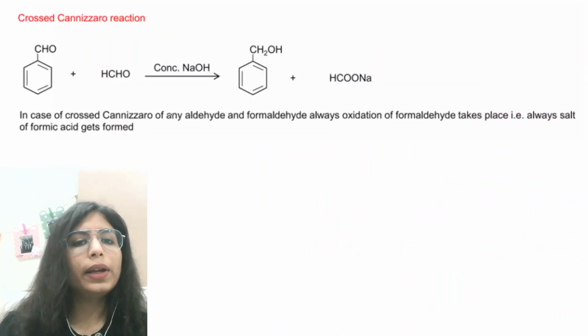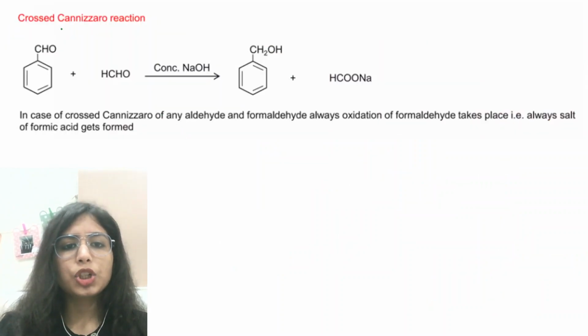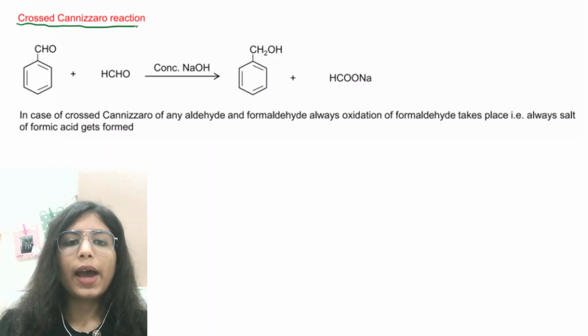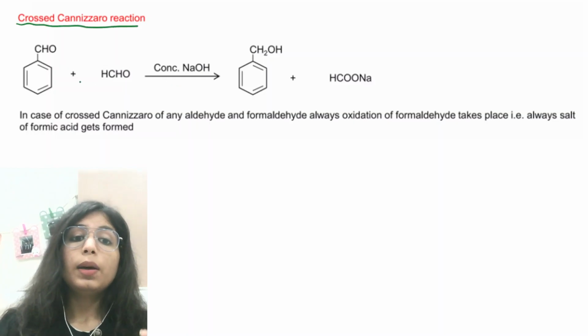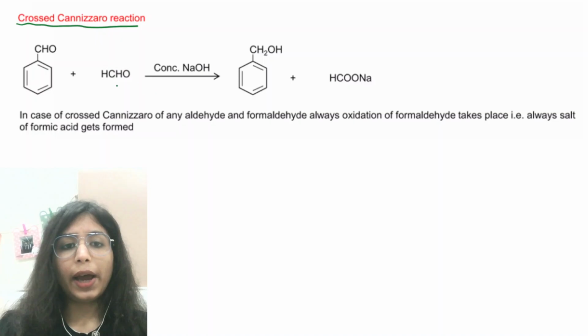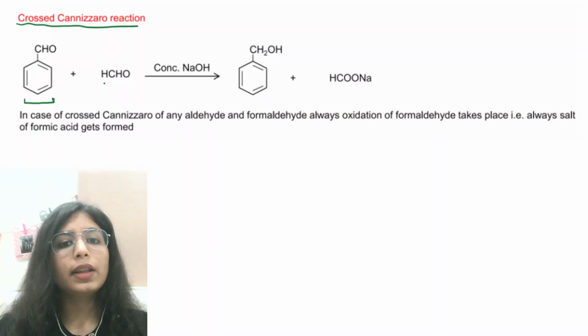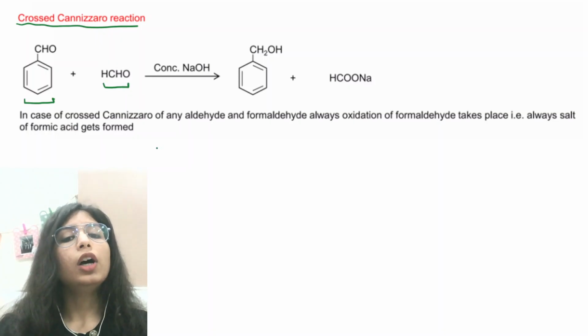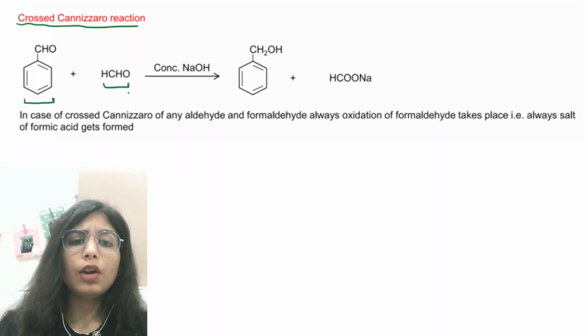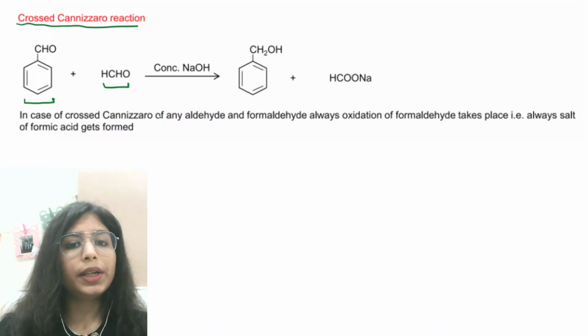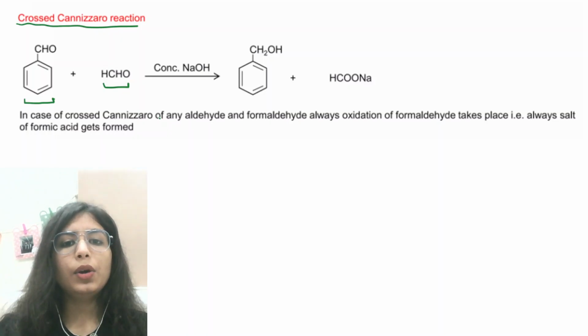Next we'll have a quick look at the crossed Cannizzaro reaction. As the name suggests, here the molecules would be of different kinds. So basically one molecule that you have taken is benzaldehyde, and the other molecule you have taken is formaldehyde, that is HCHO, and it is made to react with conc NaOH.